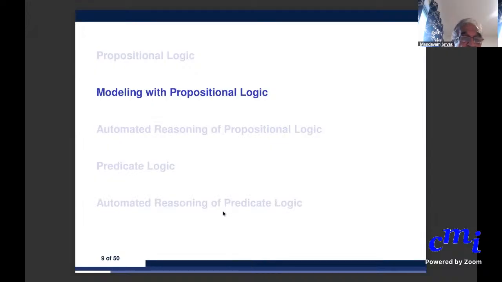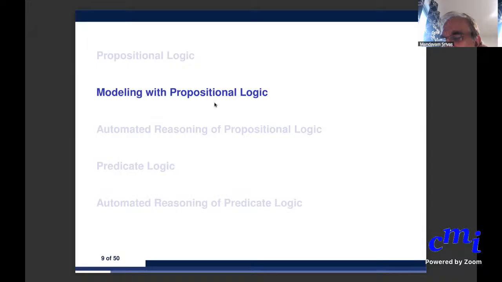Okay, so I want to switch gears here and get to how we could use even propositional logic, as simple as it is, which is fairly expressive, to model various artifacts. I mean, various quizzes, problems, and games. You could model them with propositional logic.